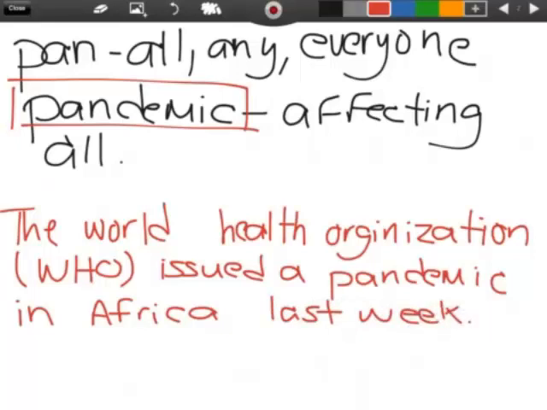The World Health Organization, WHO, issued a pandemic in Africa last week.